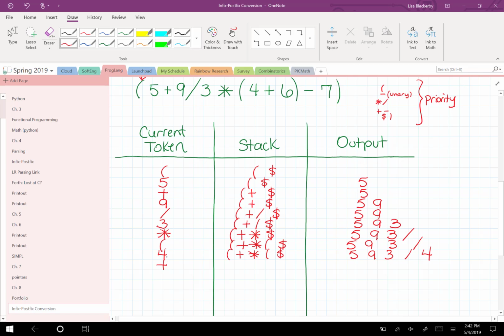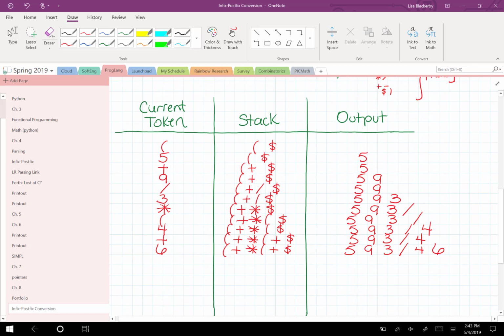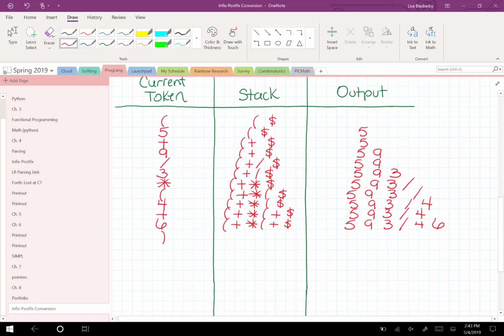Plus. Six. Then we have a right parenthesis.